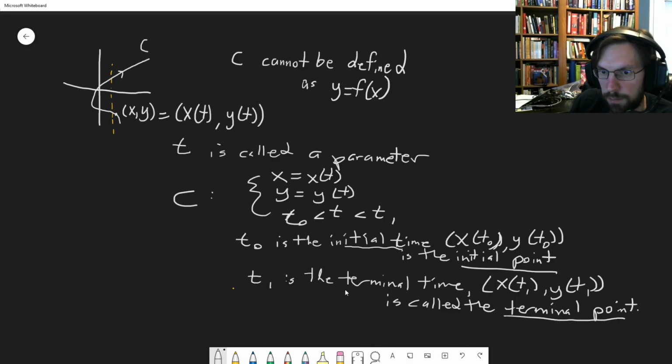Okay, again, definition. Okay, and t is called a parameter.